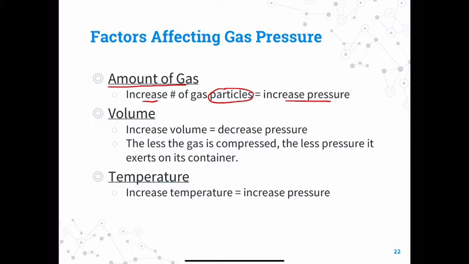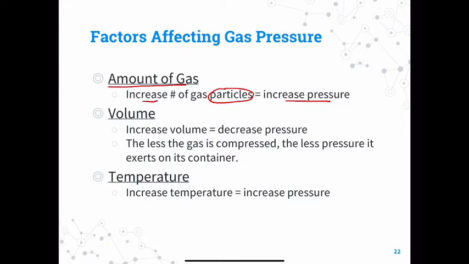That's going to decrease the pressure because we have a lot more space and everybody can spread out more, okay? So if we increase the volume, we decrease the pressure. The gas or the people would be less compressed or cramped in there, and it's essentially exerting less pressure on the container in the room.